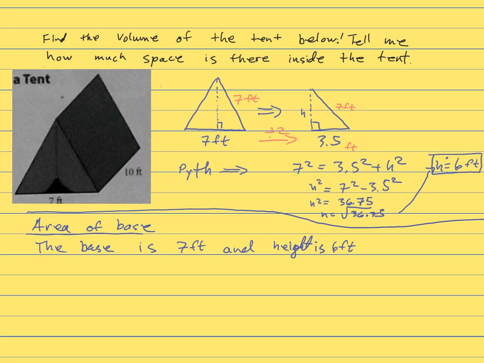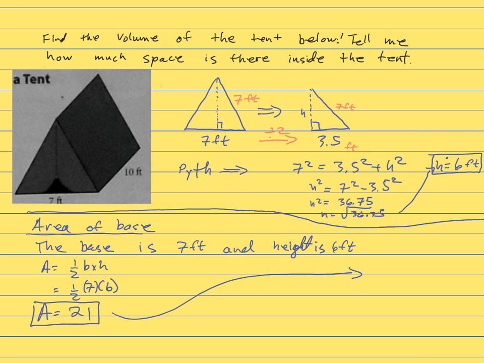A is equal to 1/2 base times height, which is 1/2 of 7 times 6, which gives us approximately 21. So the area of the base is 21.